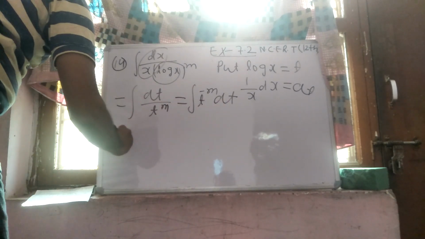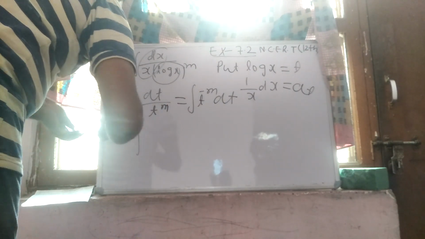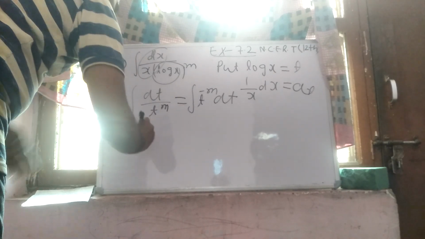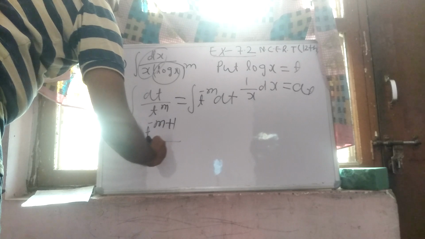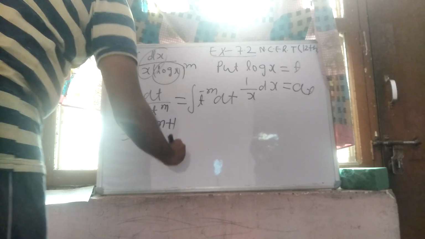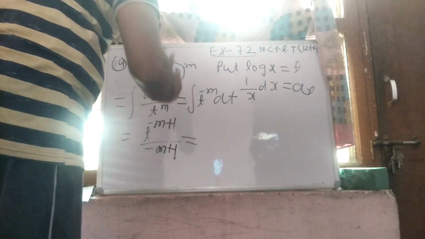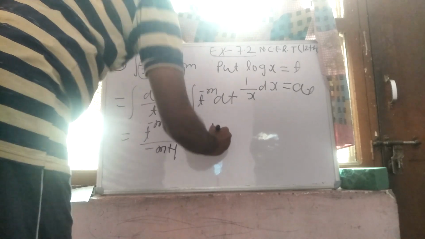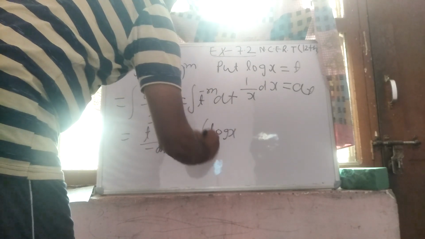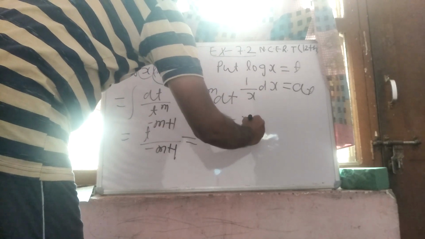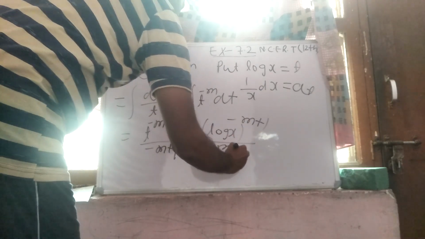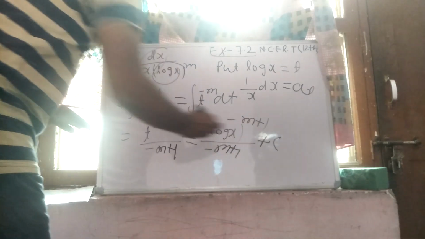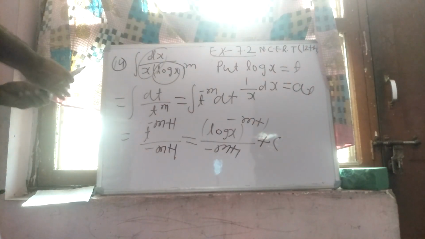This is also easy, a direct answer: t to the power minus m plus 1 upon minus m plus 1, and t is log x. So the answer is log x to the power minus m plus 1 upon minus m plus 1, plus c.